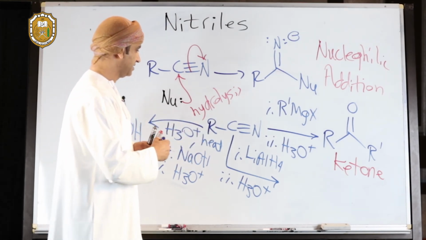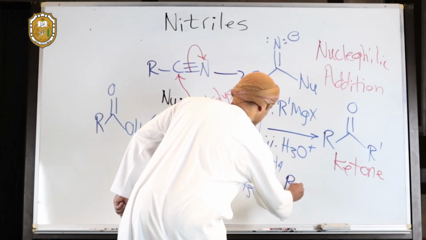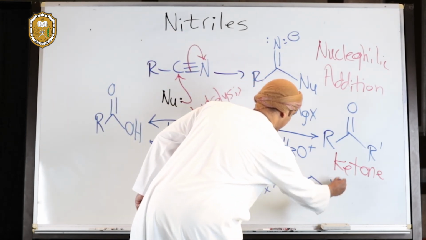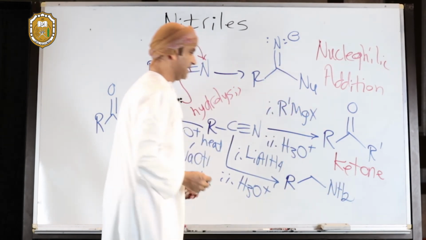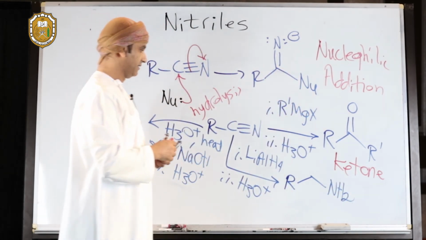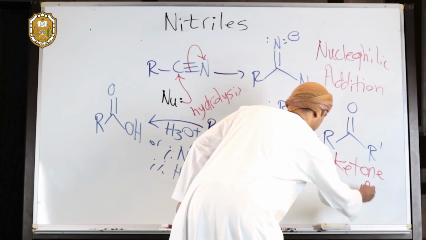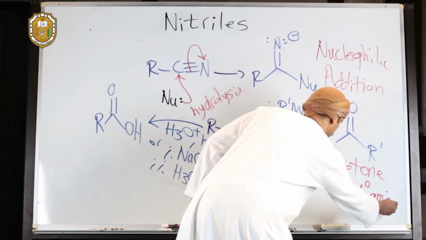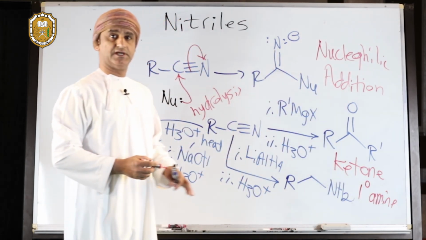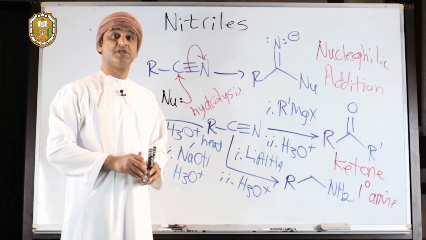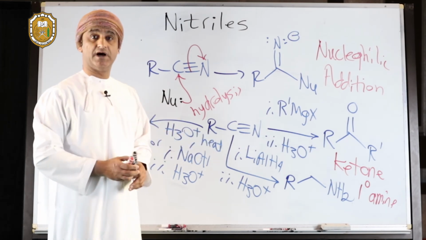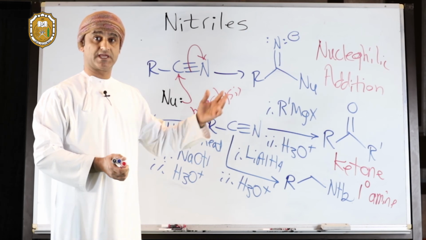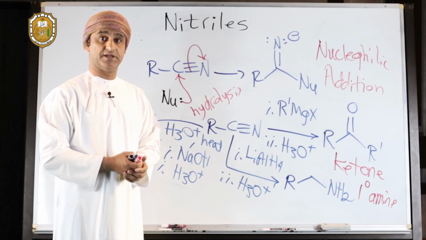So what's obtained is the corresponding primary amine, or CH2 and NH2. That's a primary amine. And this is a very, very useful reaction, because you get now a primary amine. And of course, the chemistry of amines is so versatile and rich.